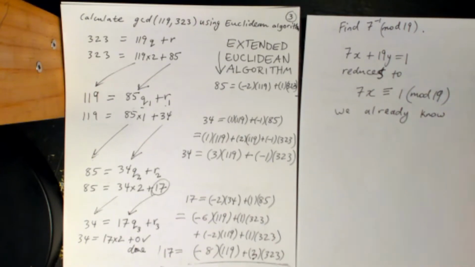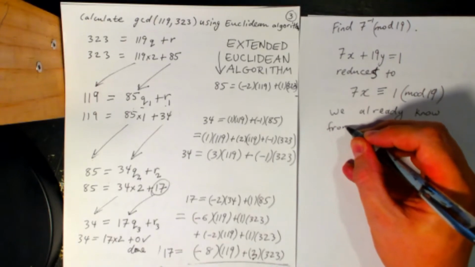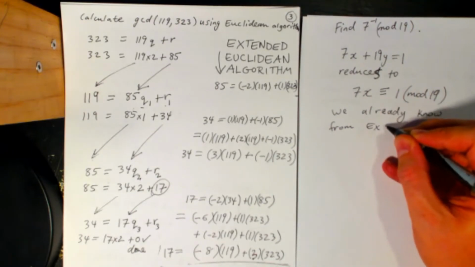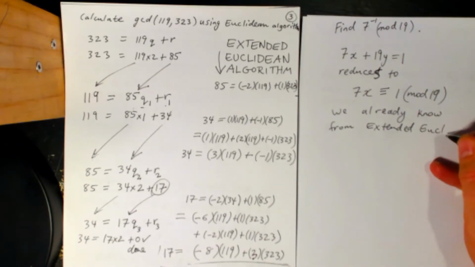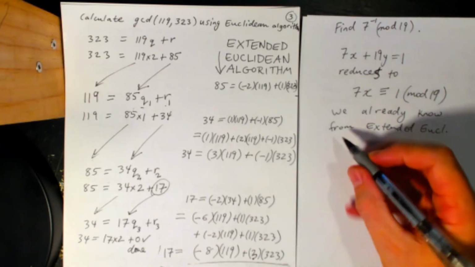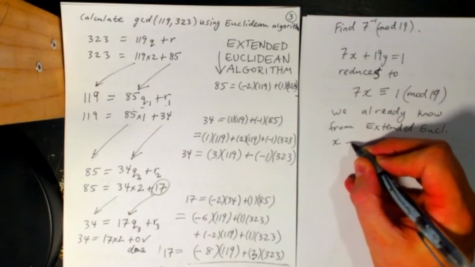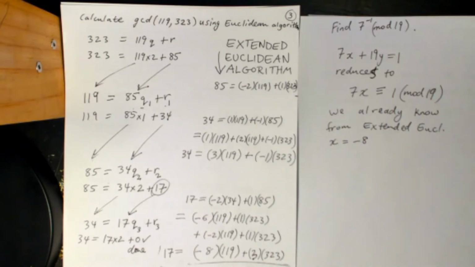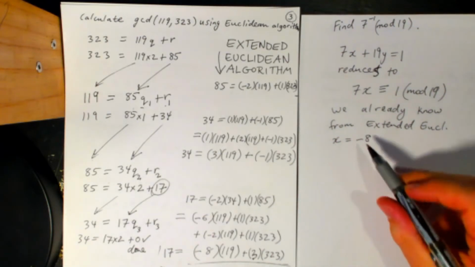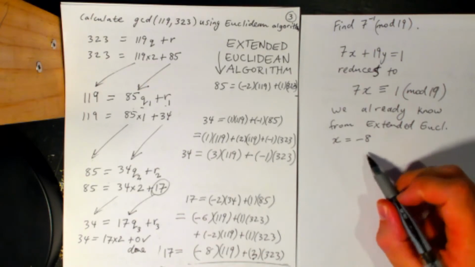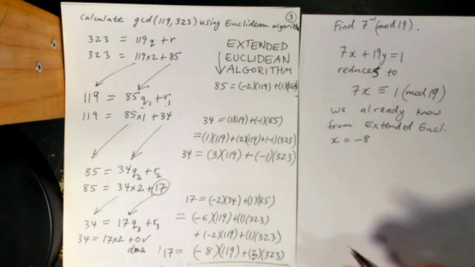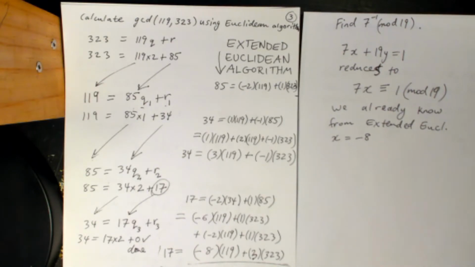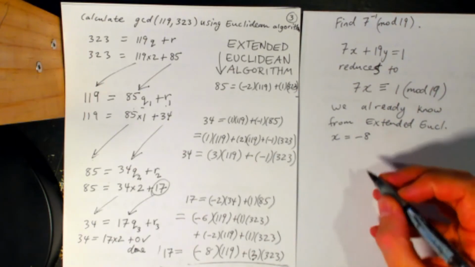We're seeking x now, but we already know from the extended Euclidean algorithm that x is -8. If we reduce this -8 modulo 19 so that we get a number between 0 and 18, then all we would be doing is adding 19 to this.